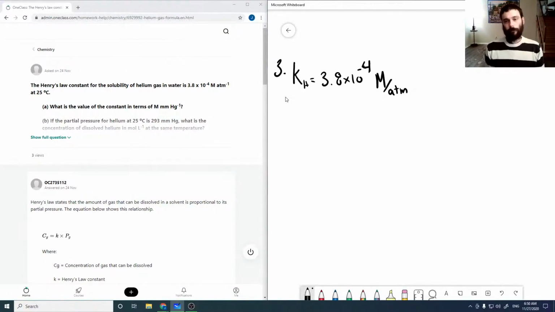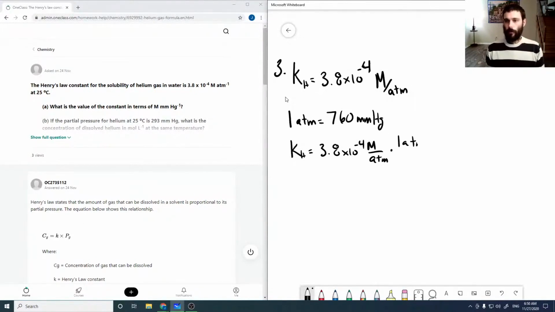To do that, we just need that 1 atmosphere is 760 millimeters of mercury, or 760 torr. So then our KH is 3.8 times 10 to the minus 4 molar per atmosphere times 1 atmosphere per 760 millimeters of mercury.